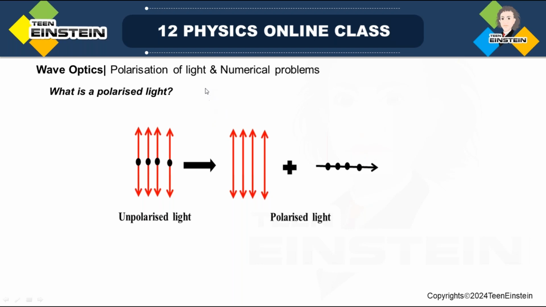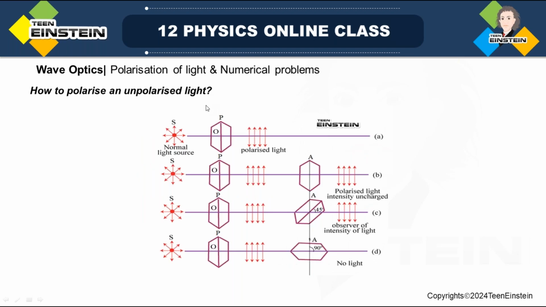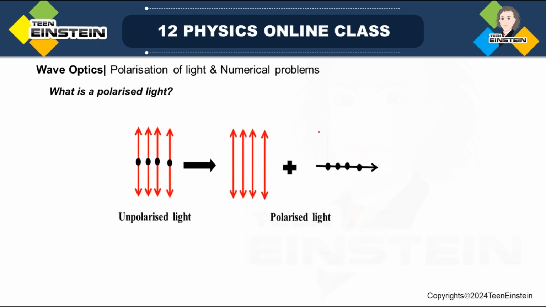As we started polarization yesterday, we discussed in yesterday's class what polarization is, what polarized light is, what unpolarized light is, how we pictorially represent them, what a polarizer is, and how to polarize the light with a polarizer, etc. We also discussed that if you have unpolarized light, after polarization the intensity of the light decreases. Okay, so those things we have discussed.